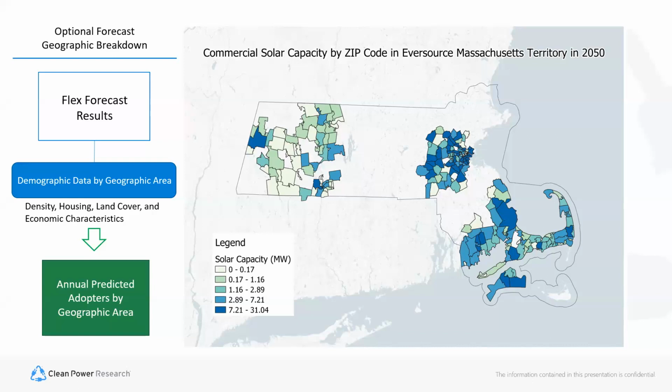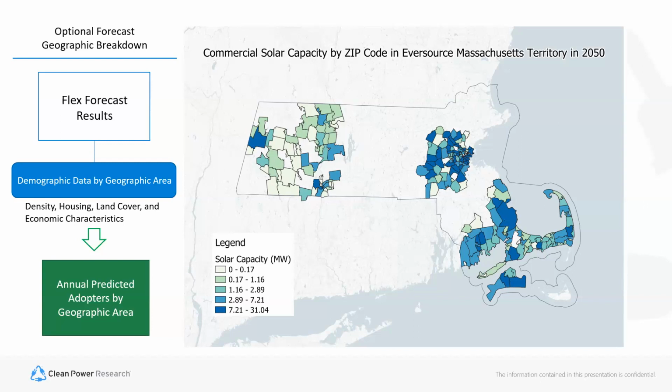So we can do zip codes, tract levels. We can also massage those into feeder levels if we need to. But we're using data like density, different housing data. We use land cover data from the National Land Cover Database, and then several economic characteristics.